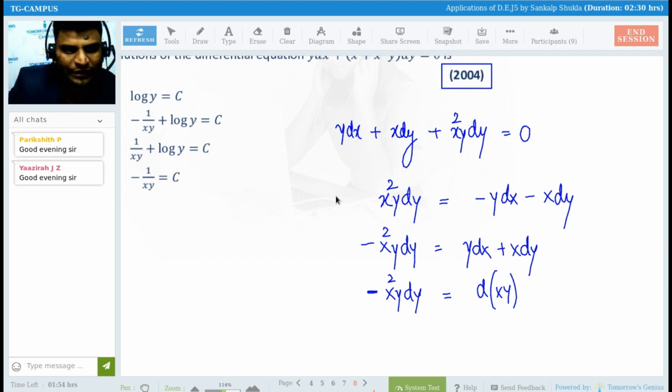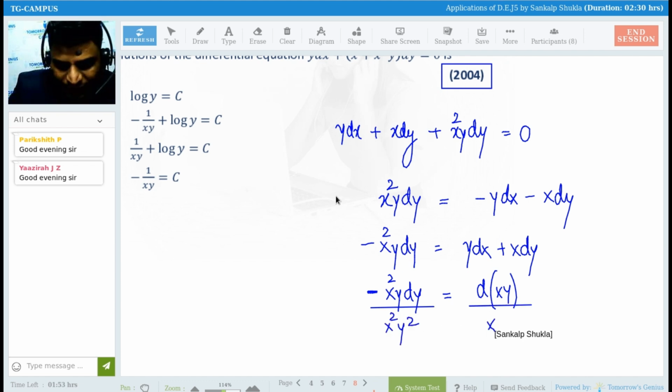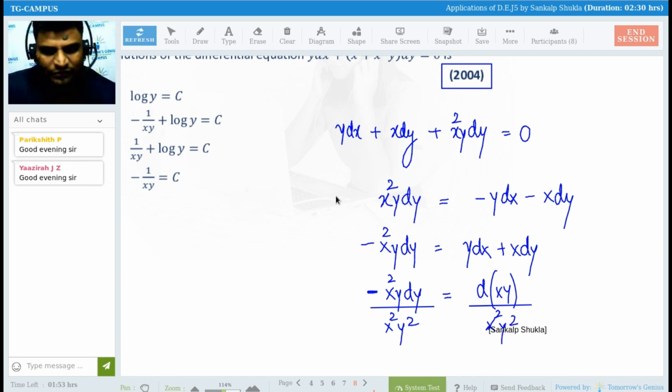Okay, see. So what should we do? There's a trick to solve this question. Just divide it by x square y square. So I'll write x square y square over here, and x square y square over here. Now, what is the logic behind this?